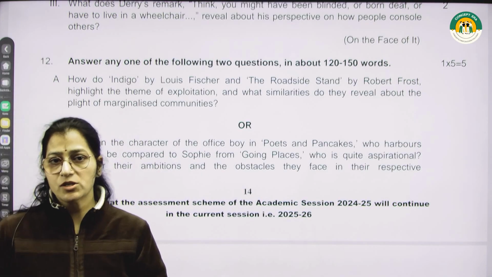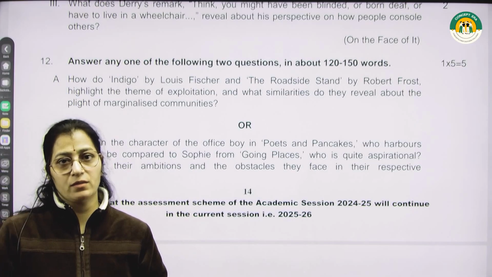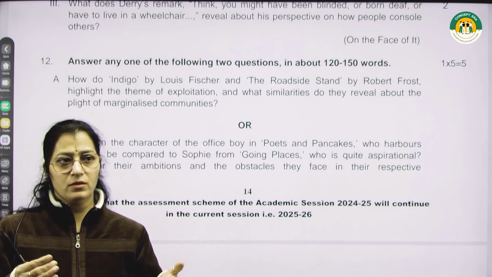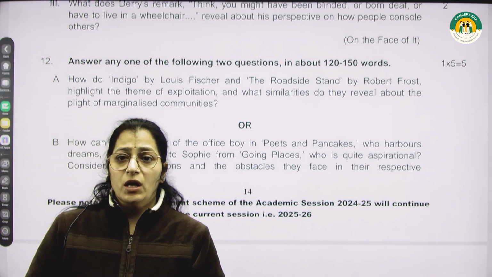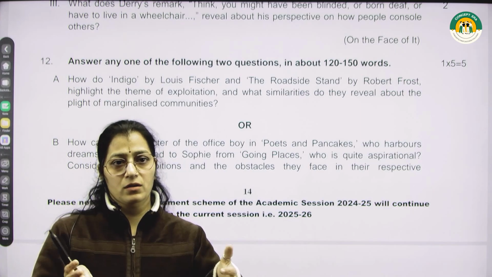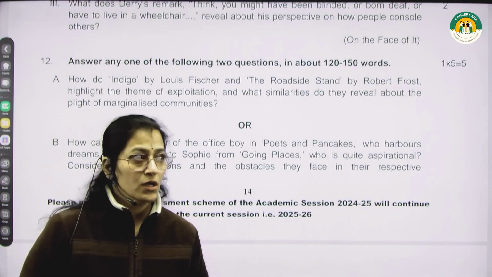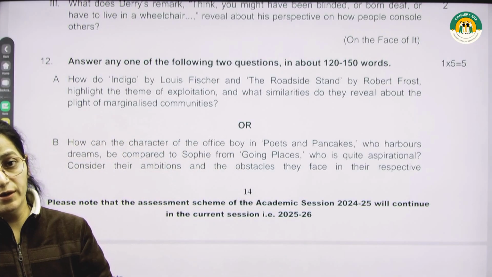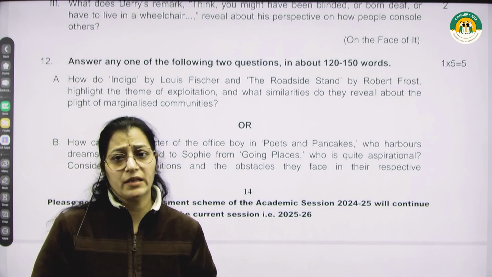Indigo, you remember the chapter where Gandhi showed his strength, and he came there with Shukla, and he struggled a lot to get out of this situation, where the indigo planters were struggling to get their rights. How these reveal the plight of marginalized communities. Marginalized communities, of course, the poor community in that area.